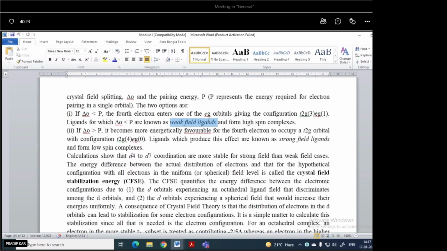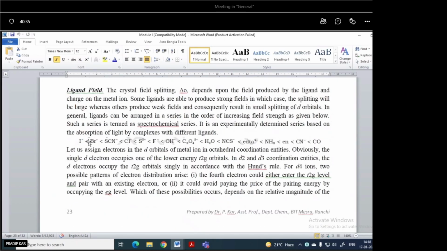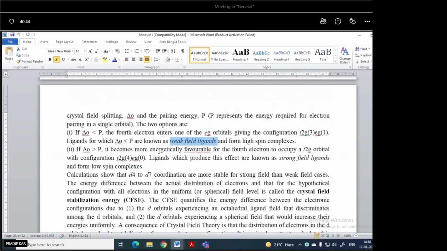So here is the explanation of when we call it a weak field ligand and when we call it a strong field ligand. Weak field ligands are those halides and negative ions. Weak field ligand means the pairing energy is more with respect to the octahedral energy. That is why the electron goes to the eg level to give high spin complexes.